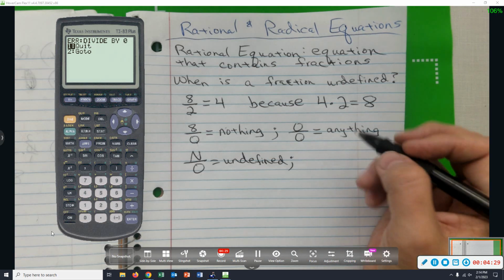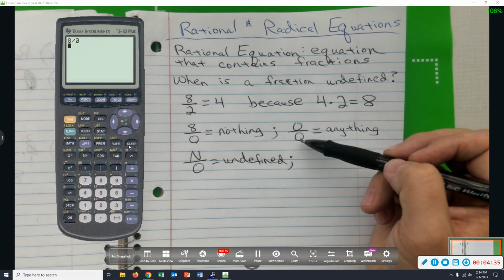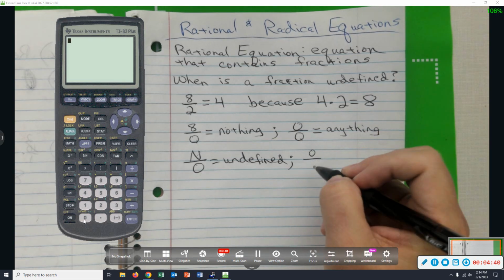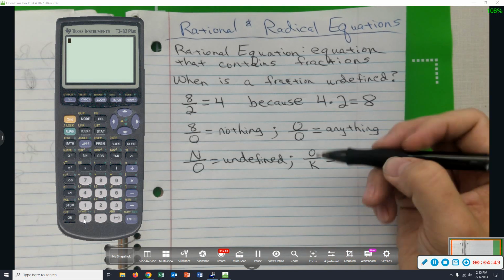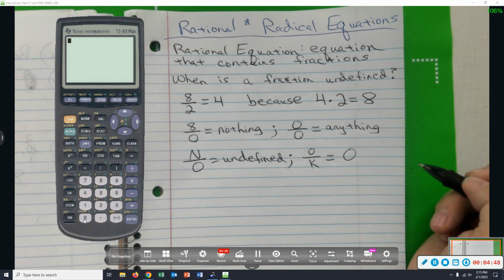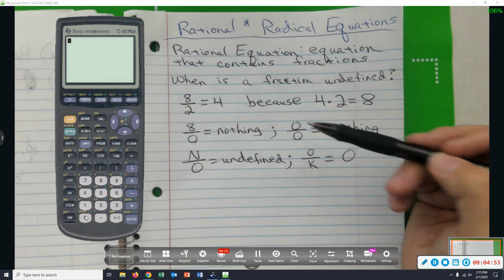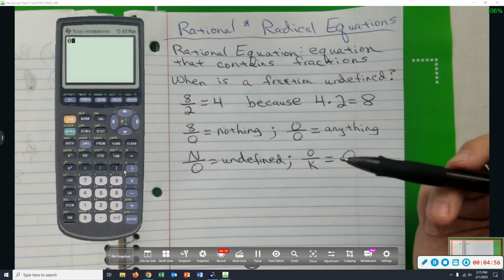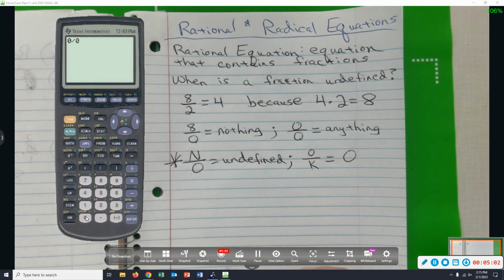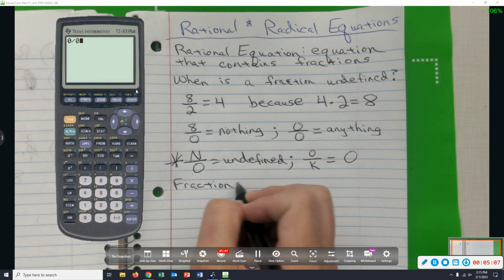Now suppose we have 0 on top and something other than 0 on the bottom, 0 divided by some non-zero constant k. That's equal to 0. The main thing you need to remember is that you cannot have a denominator equal to 0. It doesn't matter what's on top. If 0 is in the bottom, it's undefined.